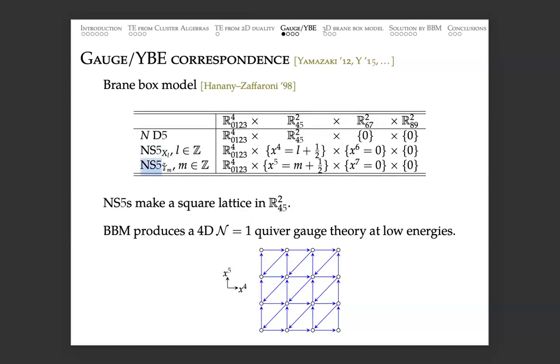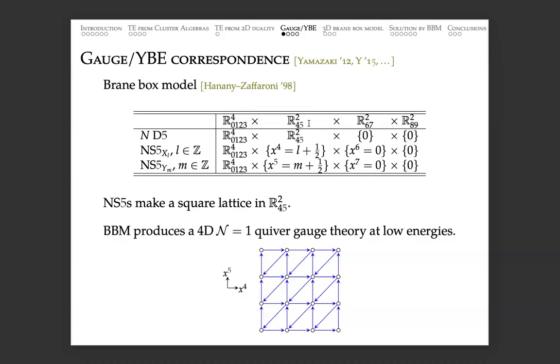Okay. I also introduce NS5_Y^M, where M also runs over integers. These branes differ from the NS5_X type branes in the directions in which they extend in the R^2, 4, 5 and R^2, 6, 7 directions. The point of introducing these is that these NS5s make a square lattice in R^2, 4, 5.